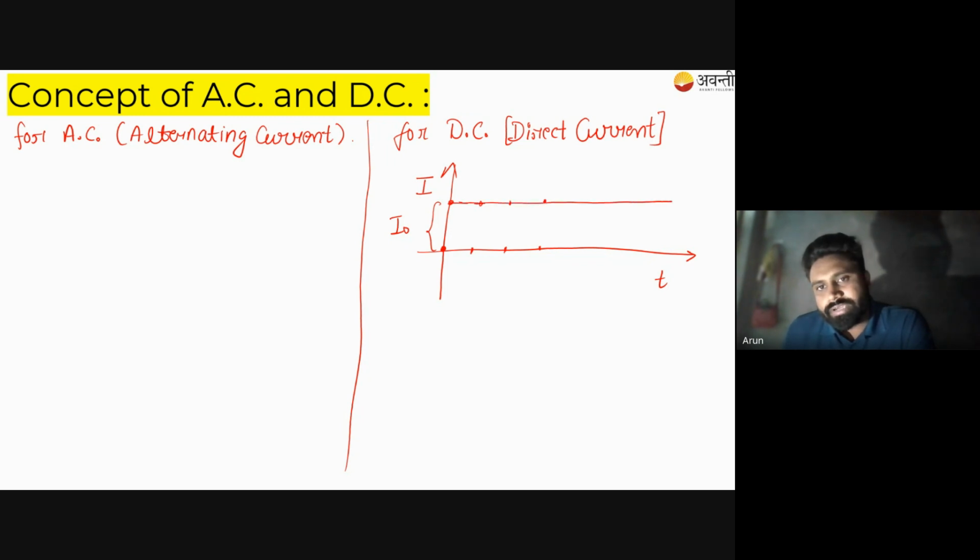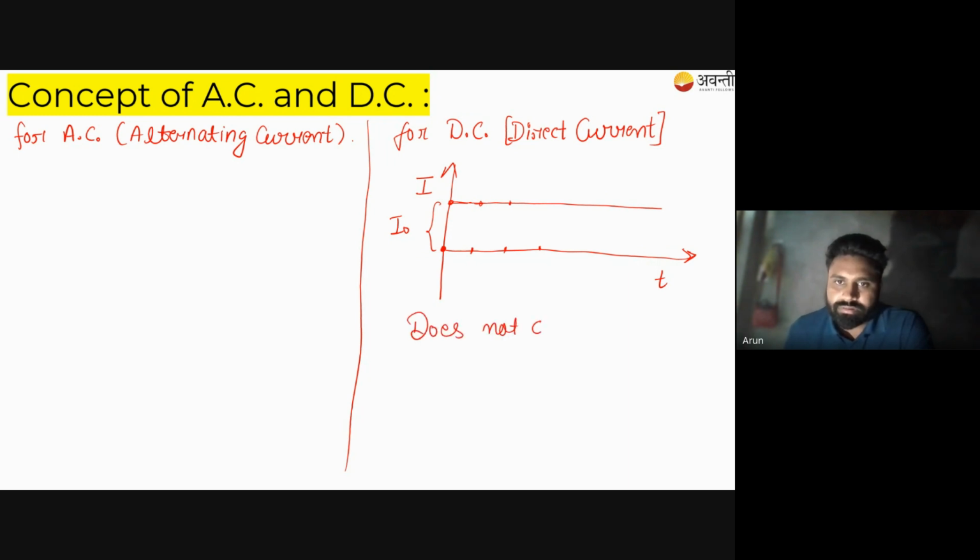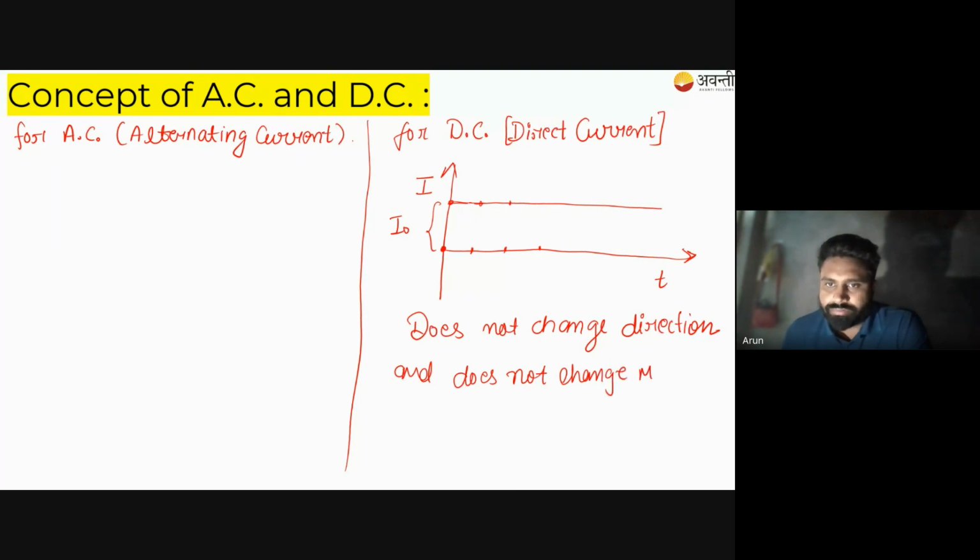If you connect all the dots, this direct current would appear to be a straight line, which means this current does not change direction and does not change magnitude.